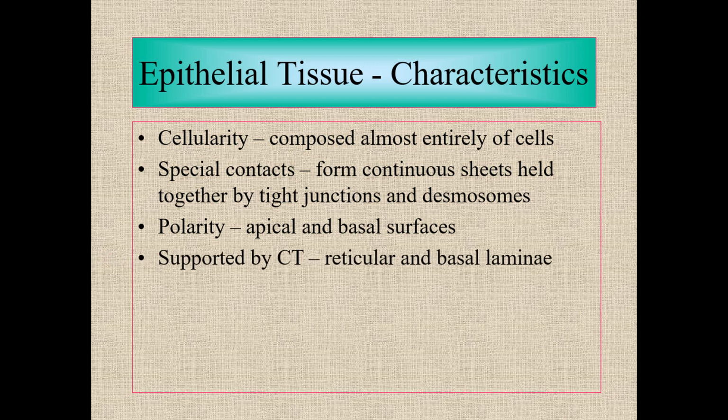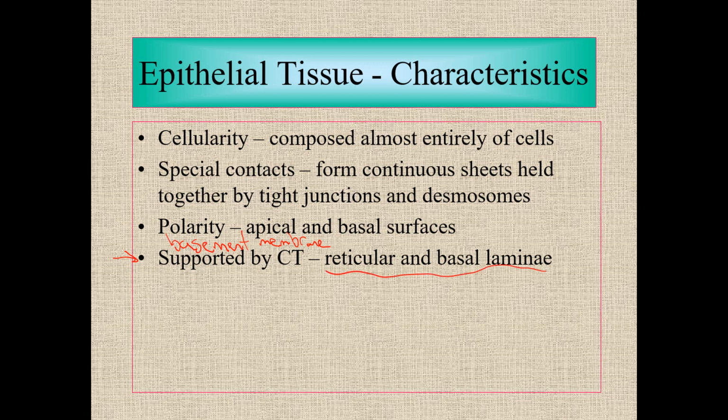So what we see here for this one is that deep to all epithelial tissue is connective tissue. And where the epithelial tissue and the connective tissue deep to it meet, that is called the basement membrane. And that basement membrane is made up of 2 parts, a reticular lamina and a basal lamina.